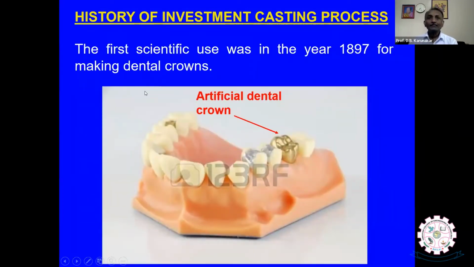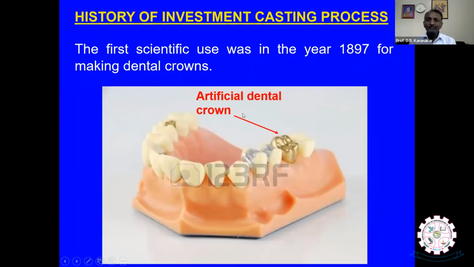Later, you see the stages. Initially, the investment casting process was used to make rudimentary tools like spearheads, arrowheads, and axe heads. Later, it was used to make art castings. Later, it was used to make dental crowns for the past century.